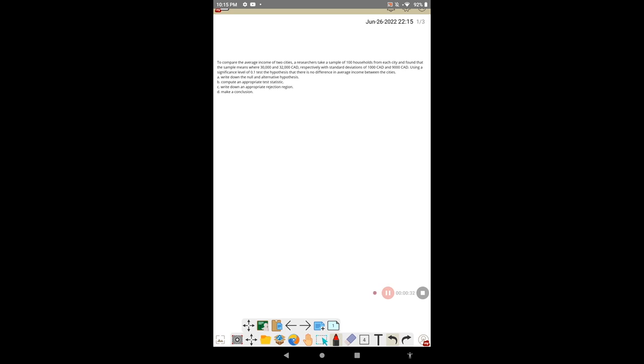Let's take some draft. Two cities, let's say city A and city B, with a sample size of 100 for city A and 100 for city B, and sample means mu A equal 30,000 and mu B equal 32,000.